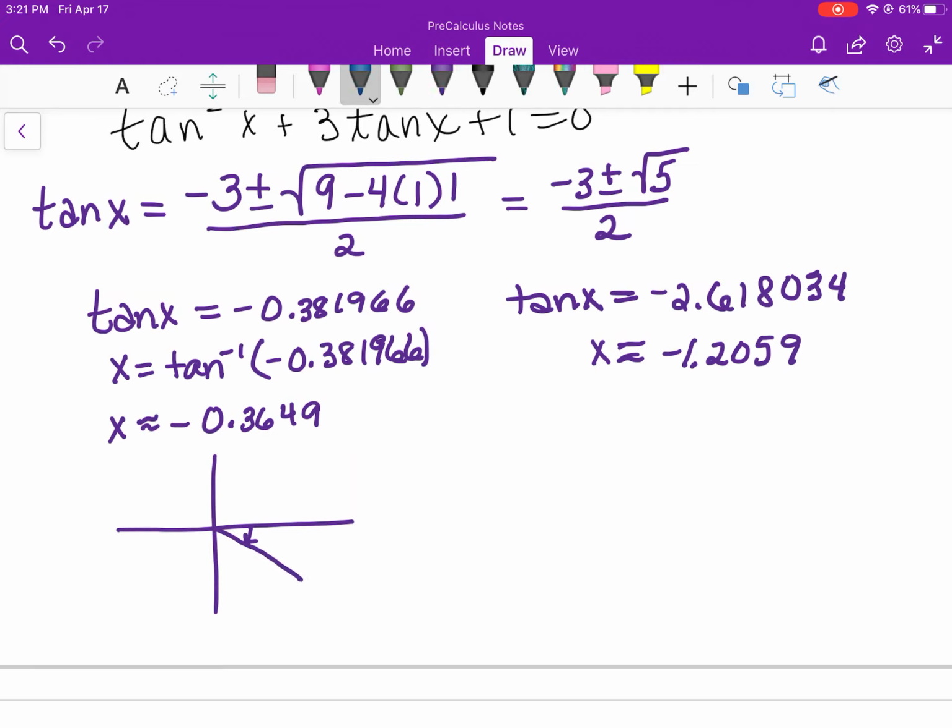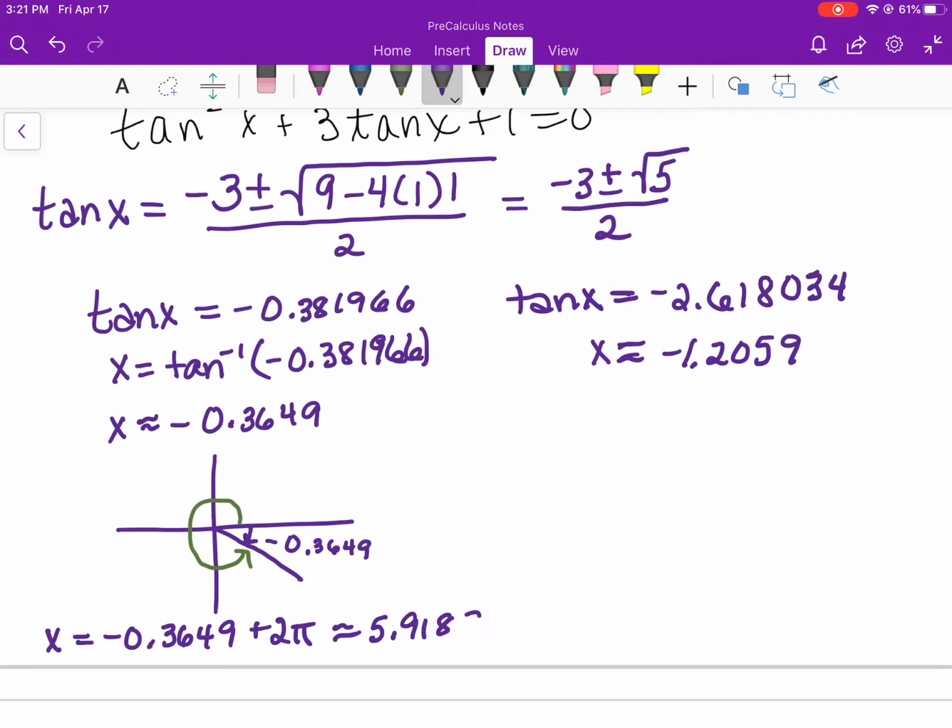This angle represents negative 0.3649. What I want to do is come around the positive direction. So I'm going to take x and add that to 2 pi, 2 times 3.14, and I'm going to get 5.9183. I'm going to circle that.